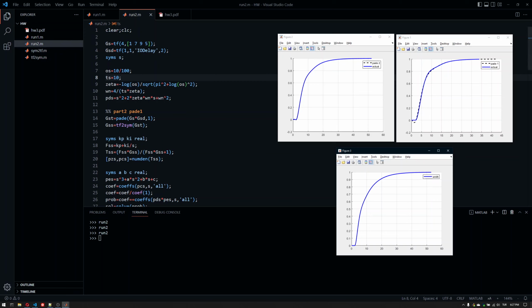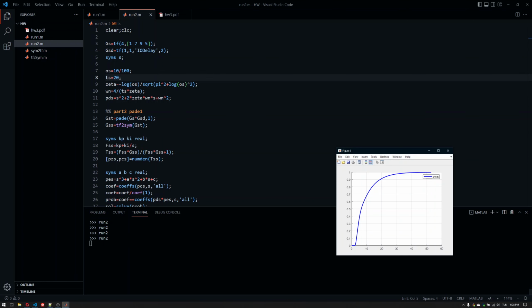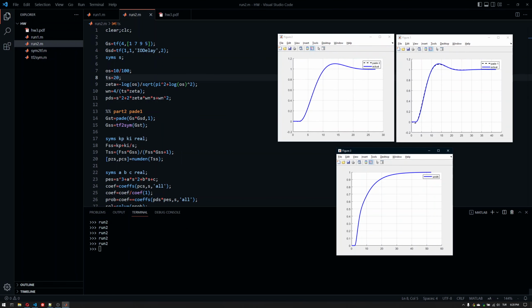So if Ts is equal to 10, this PI controller is insufficient. We should choose a PI controller to at least optimize something about the solution, because we have just a unique solution. If I increase it to 20, because the system is slow enough, I can still see that the PI controller, even with this Smith predictor, is not sufficient for the system.